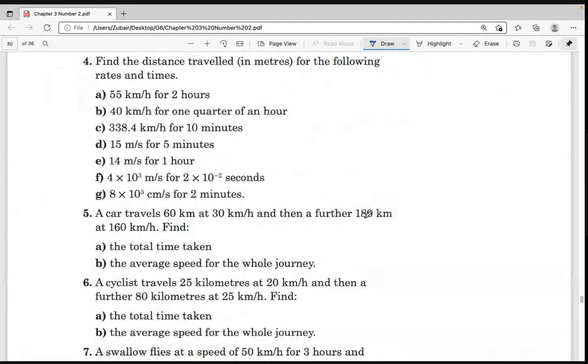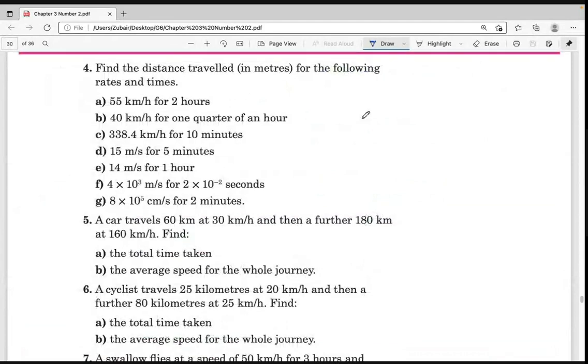Find the distance traveled. Distance is equals to speed times time. For the following rates and times, we have the denominator per hour for 2 hours. 55 into 2 is 110.